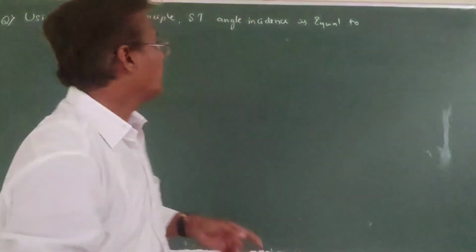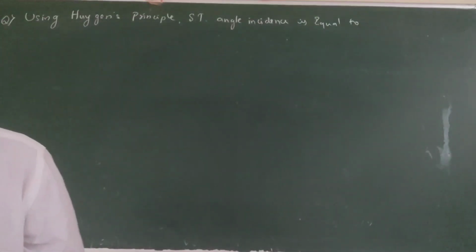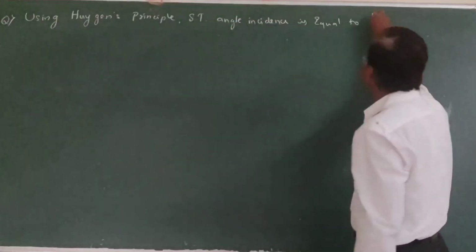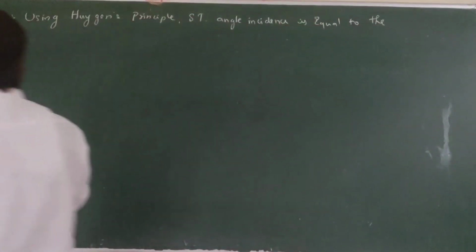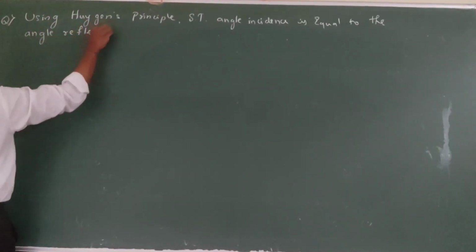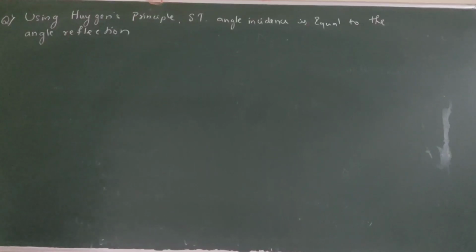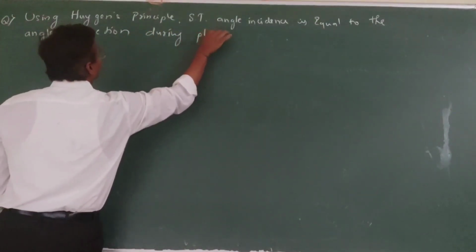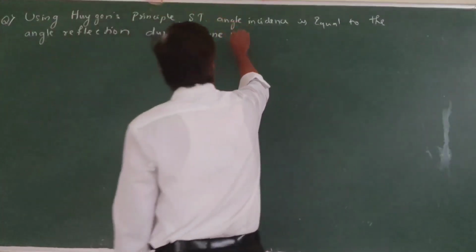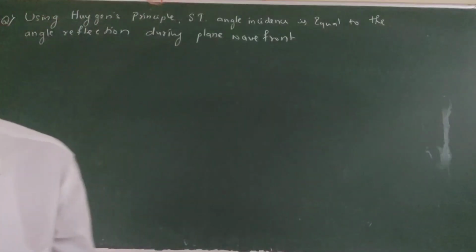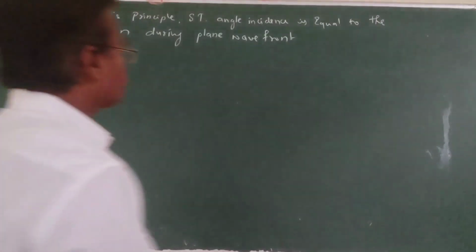We are going to see that using Huygens principle, show that the angle of incidence is equal to the angle of reflection during a plane wavefront reflected by a plane surface.